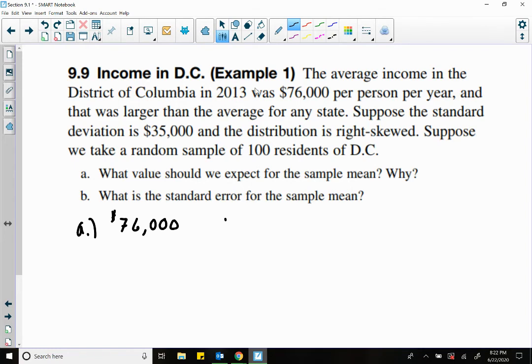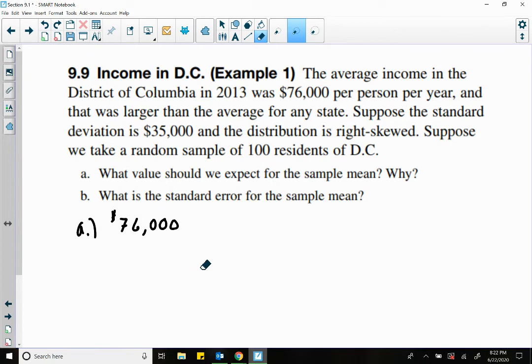So since the population mean was this, we expect the sample mean to be around that. And again, we would have to do lots of sample means in order to see this really fall out. But we expect all of our sample means to be around this number. All right.